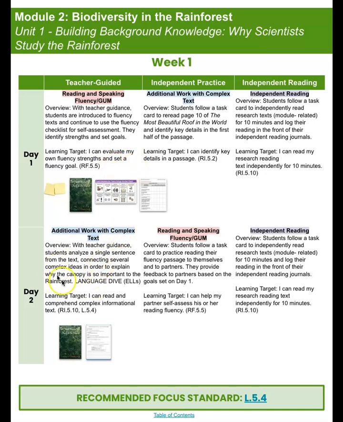All right, and your additional work with complex text, I recommended monitoring L 5.4 because what they're doing is they're taking these word strategies and they're applying it to these complex ideas that are around the complex text sentence. So it's not just at like this surface level, it's using clues with the ideas that are surrounding that sentence, and it is a complex sentence.